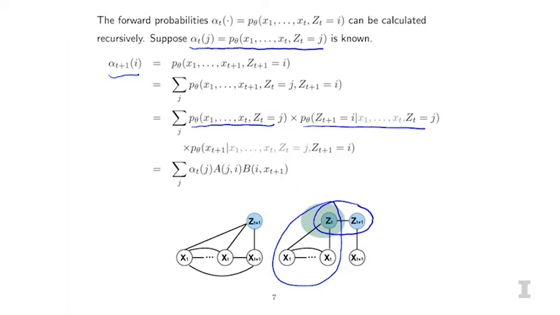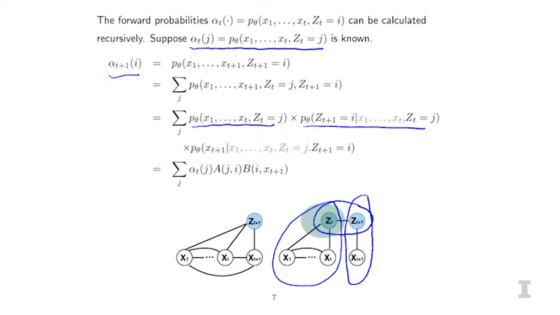Again, here I keep the conditioning on all the previous variables, but variables in gray color play no role in this conditioning. And next, the last stage, we calculate xt plus 1 given all the other variables, and you will find it only depends on the latent state zt plus 1.